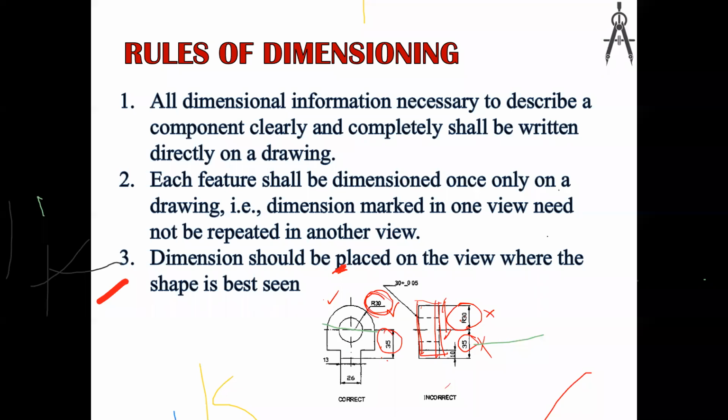In this detail also, you can mark here 10. This 10 is given, so it is best to show it here, so people can quickly and easily understand what the height of this one is, right?